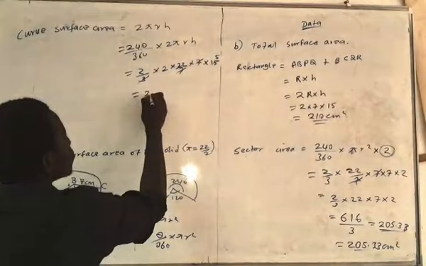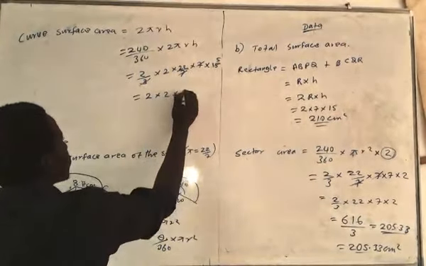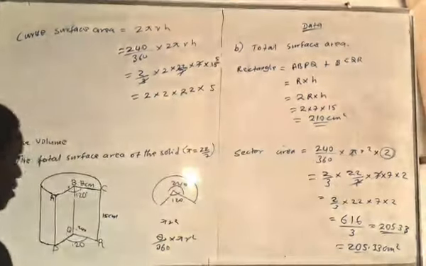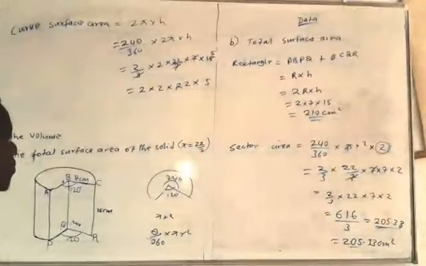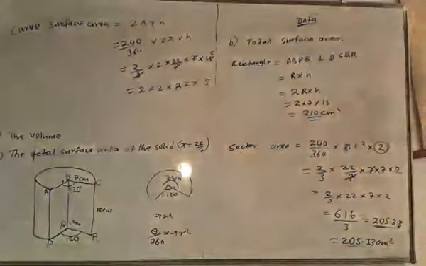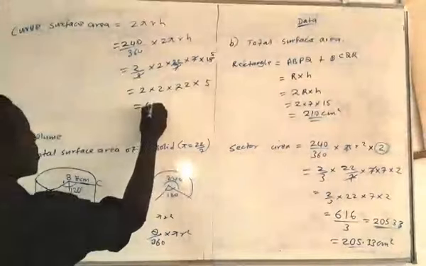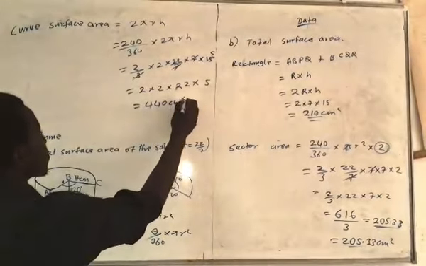So that will give us 2 times 2 times 22 times 5. So that gives us a total of 440 centimeter squared.